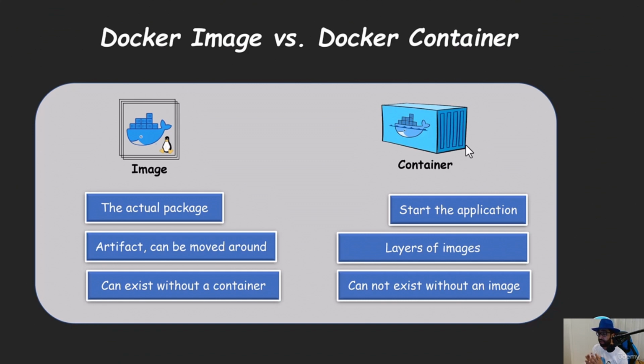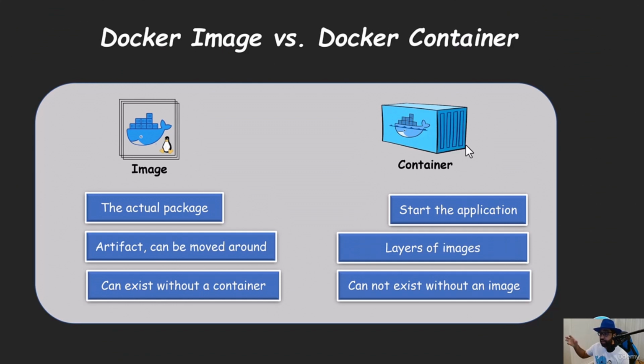Now, an image can exist without a container, like a Linux image. You can download a Linux image on your machine, or a MySQL, or an Apache, or whatever image you want. Now when you actually run the application that is based on that image, this is now called a container. A container is basically non-existent without an image.